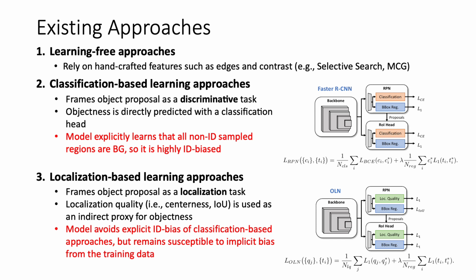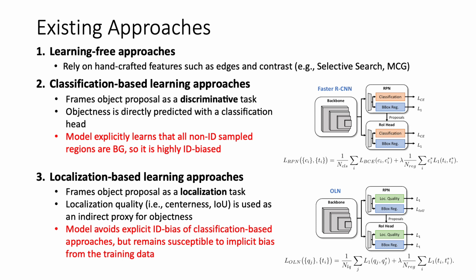Let's begin by discussing the three existing approaches to object proposal. First, we have learning-free approaches, such as selective search, which rely on handcrafted features. These methods are typically inefficient and not very accurate. Second, we have classification-based learning approaches. An example of such a method is the region proposal network or a class-agnostic Faster R-CNN.